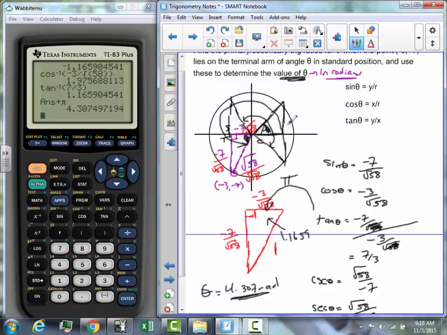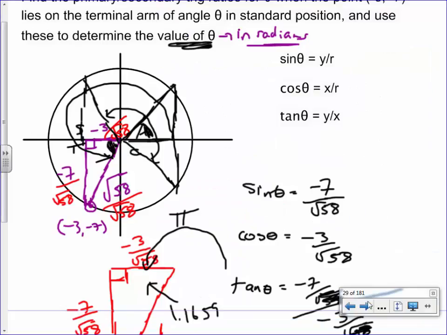But you might have actually been looking for one in this quadrant here. So you actually have to use a little reasoning skills and work backwards. For us, we were looking for a sine that was negative. So a sine that's negative could be down here, or a sine that's negative could be right here. That's why it gave us that negative answer to start with. Does that make sense? We'll try more examples, obviously.